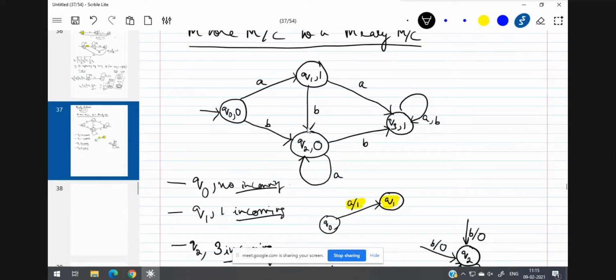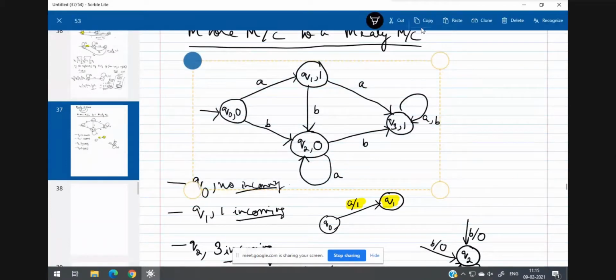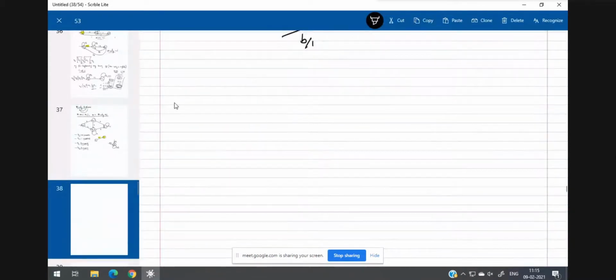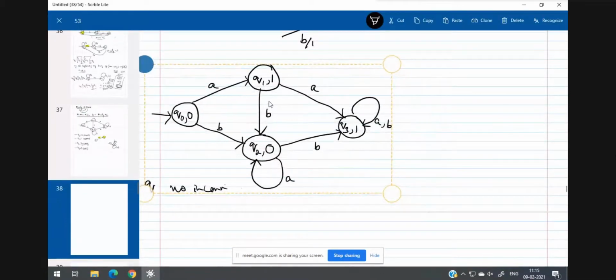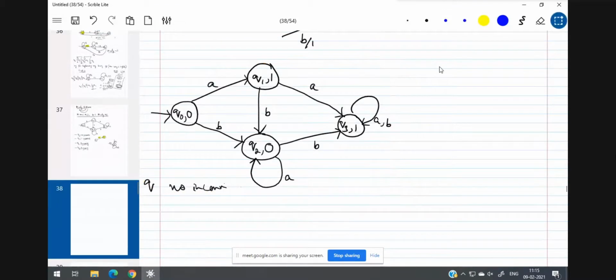Now I'm going to modify the whole diagram into the Mealy machine. So let me bring a copy of this one down, and let me draw a smaller version of it.